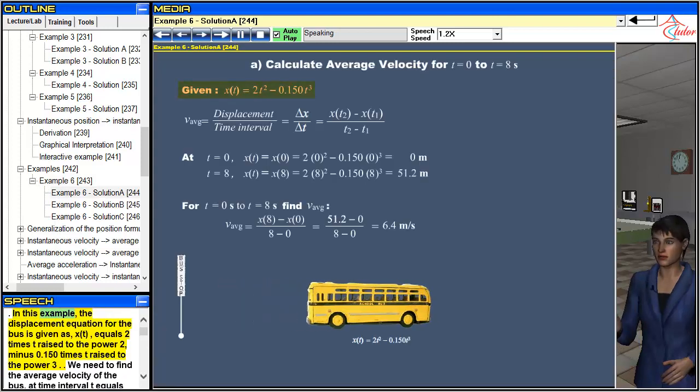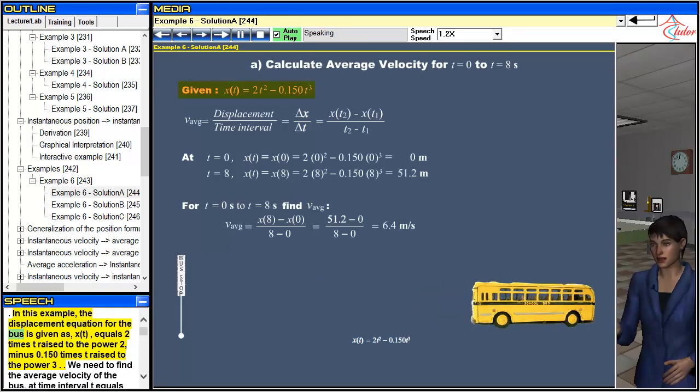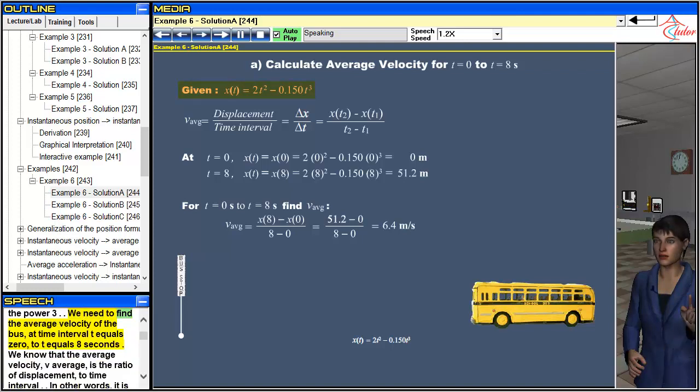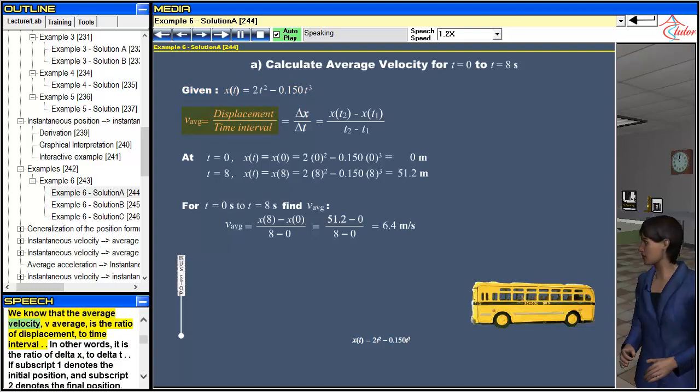In this example, the displacement equation for the bus is given as x of t equals 2 times t raised to the power 2 minus 0.150 times t raised to the power 3. We need to find the average velocity of the bus at time interval t equals 0 to t equals 8 seconds. We know that the average velocity, v average, is the ratio of displacement to time interval.